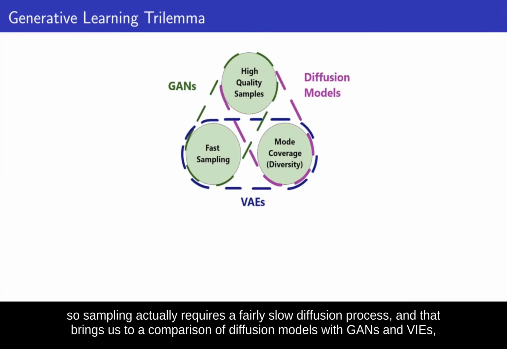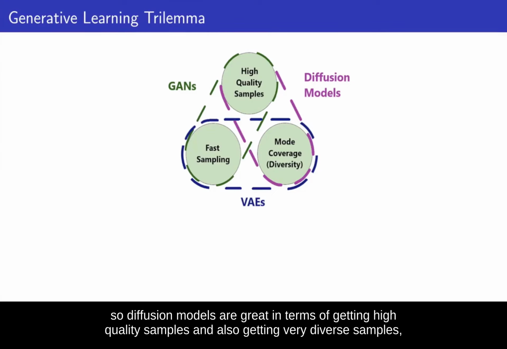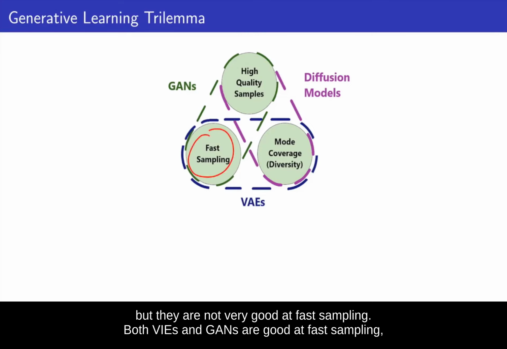And that brings us to a comparison of diffusion models with GANs and VAEs. Diffusion models are great in terms of getting high quality samples and also getting very diverse samples, but they're not very good at fast sampling.